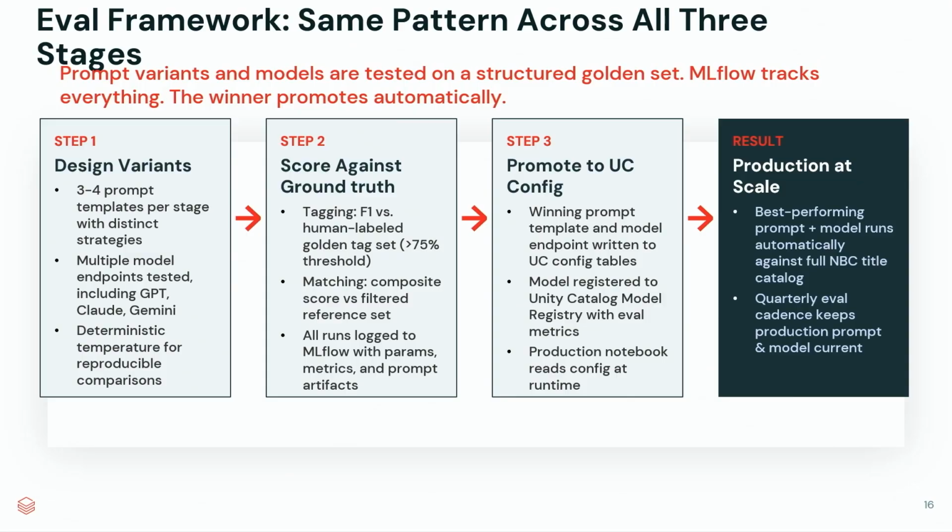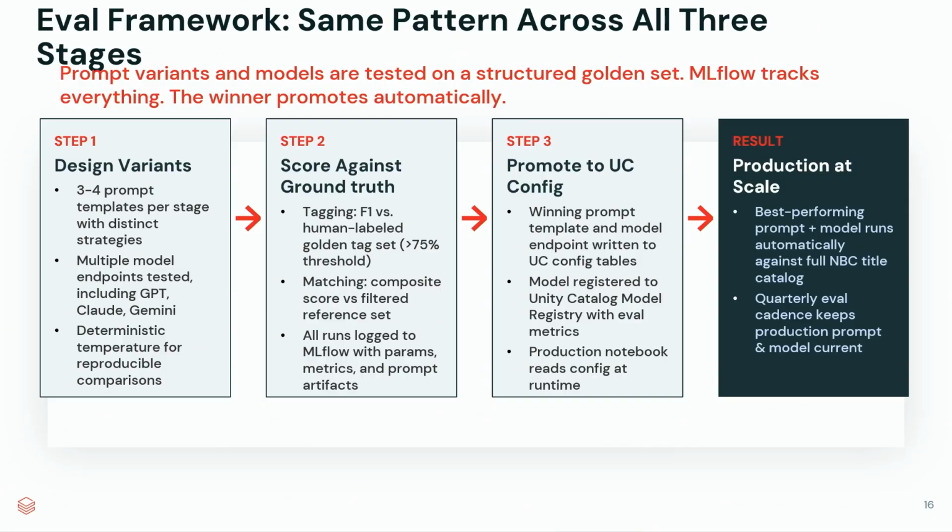We'll assess the models and prompts against that human-tagged ground truth. Fairly standard metric, we'll use F1 score, a 75% threshold, which I think is relatively normal in the literature.